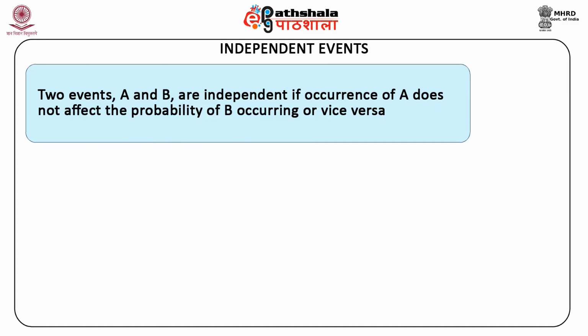Two events A and B are independent if occurrence of A does not affect the probability of B occurring or vice versa.